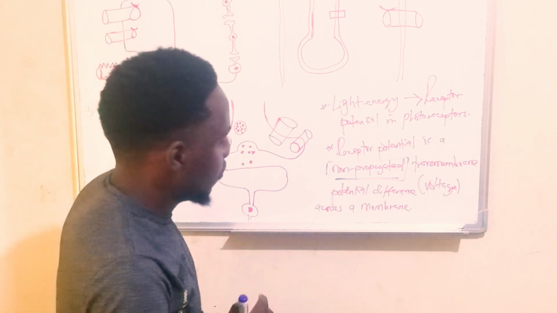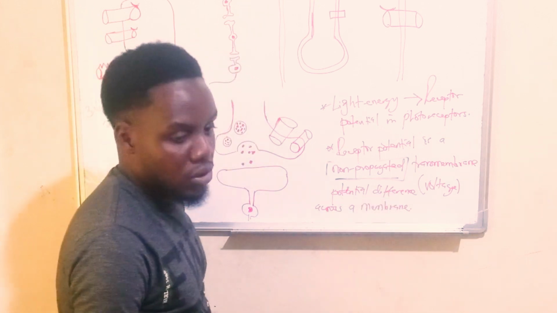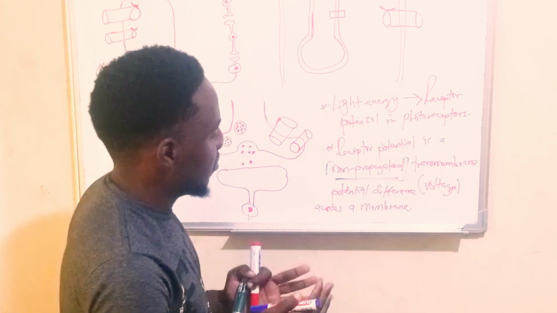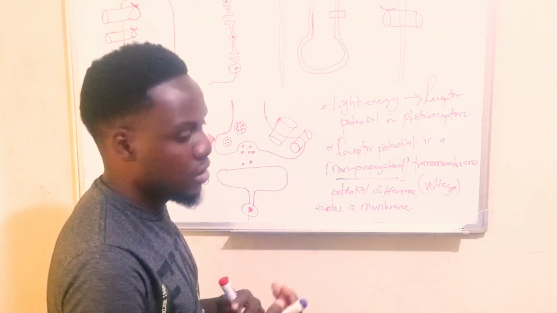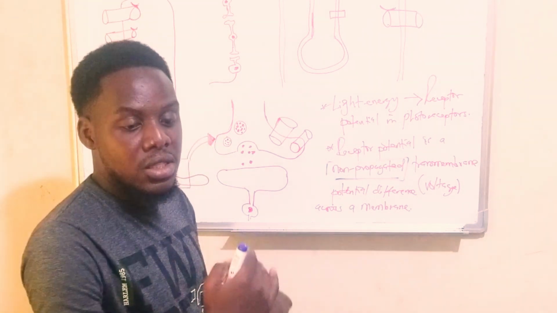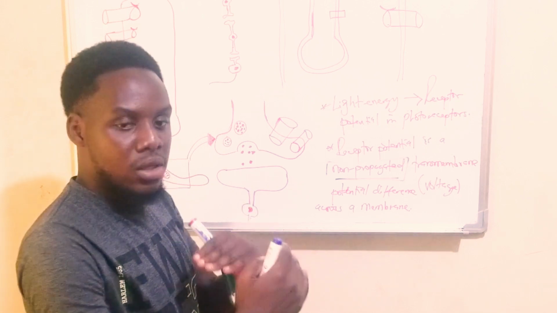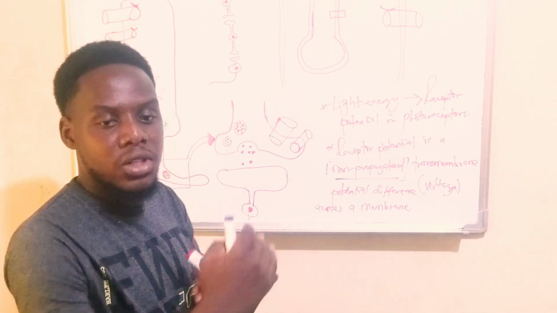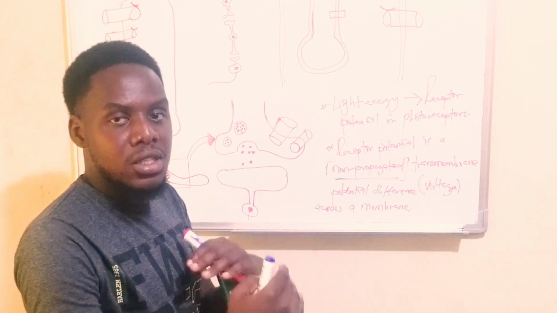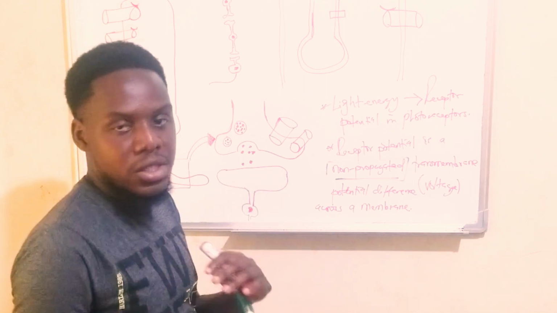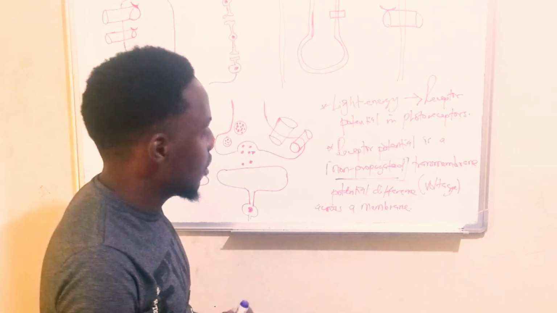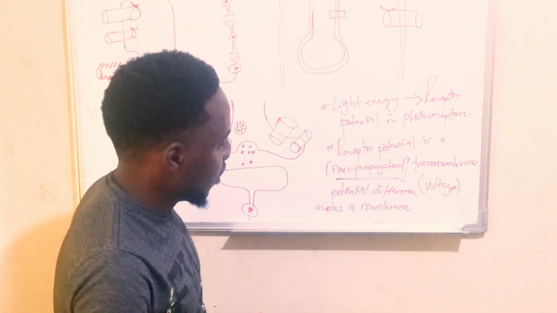It doesn't move. Then transmembrane potential difference simply means the voltage across the membrane due to the electronegativity difference brought about by the difference in anions as well as cations inside and outside the cell. That's what we have there as a receptor potential.